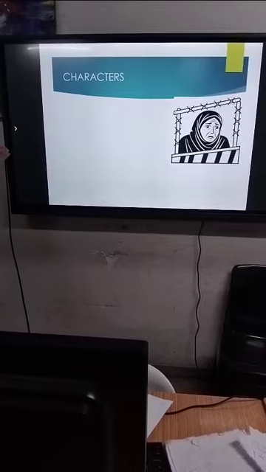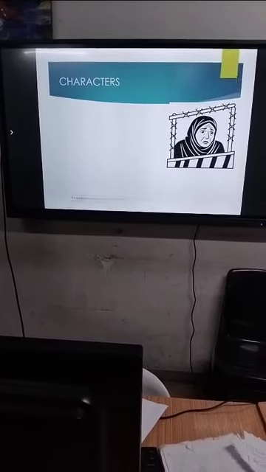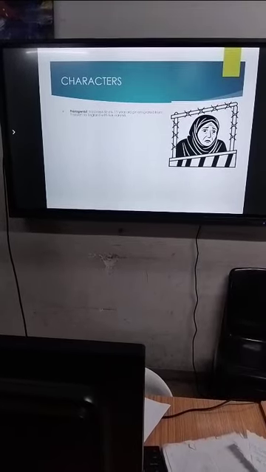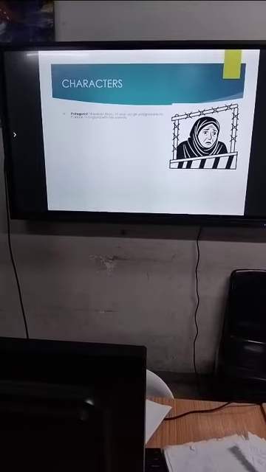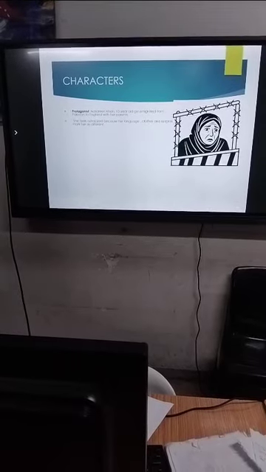So now let's move to the generic elements of this short story. So first of all, we have characters. So we have our protagonist, Nasreen Khan, a 15-year-old girl who just emigrated from Pakistan to England with her parents.